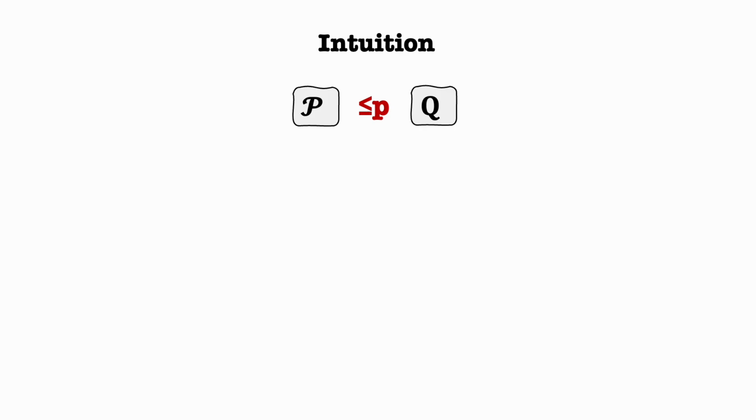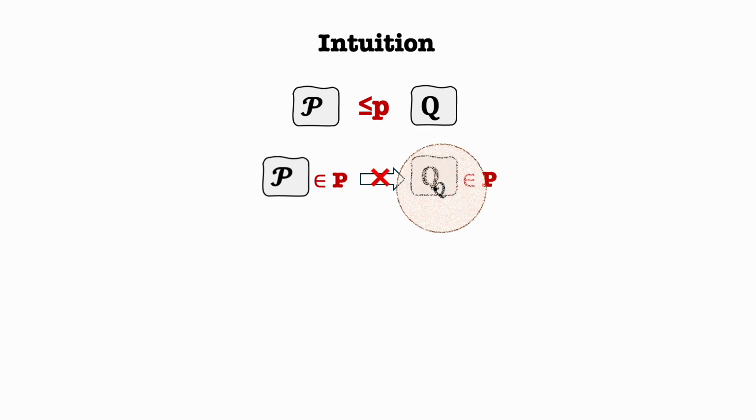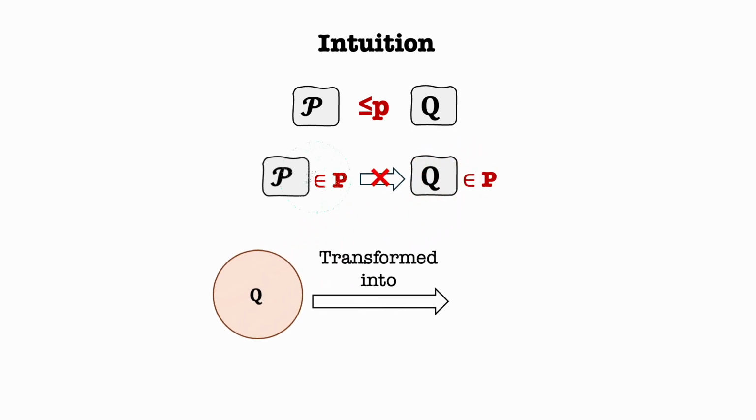But now, can we say if P belongs to class P, then Q also belongs to class P? The answer is no, because we are not reducing instances of Q into P. We only reduced P to Q, so we cannot draw any conclusions about Q's complexity from P's.